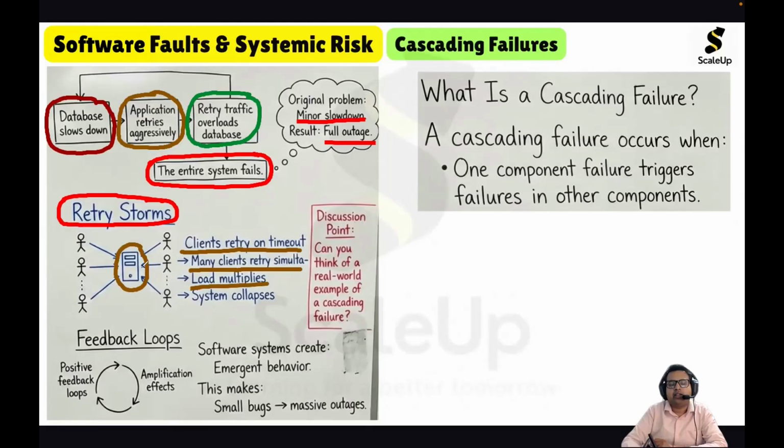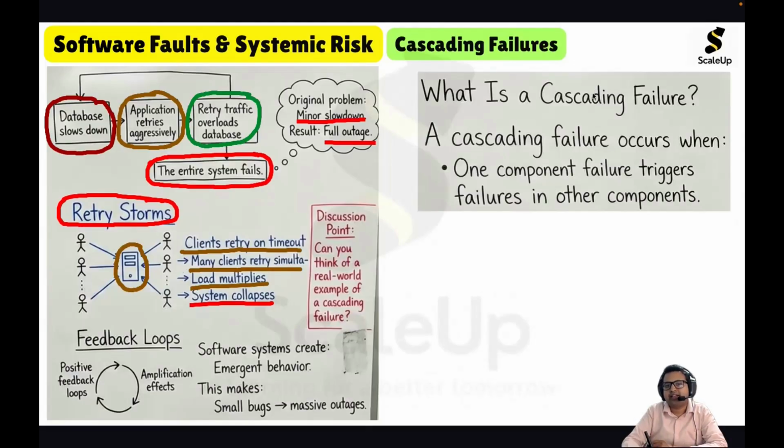Ultimately, we call it a retry storm. The resource, for example the database or the server, will be flooded with retry traffic, and it will not be able to handle it, and it will collapse. So retry storms can lead to system collapse.